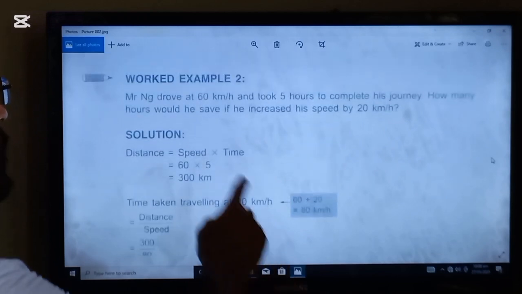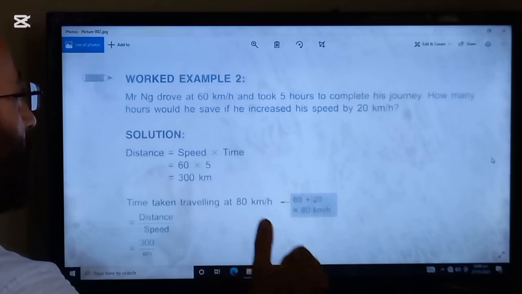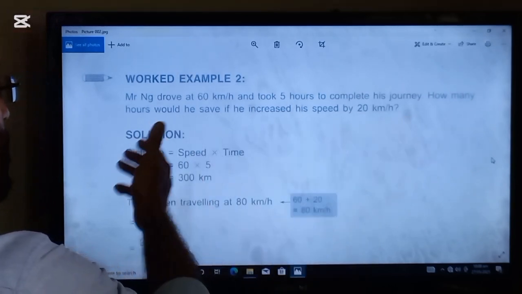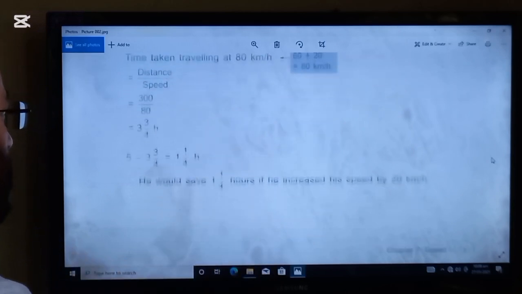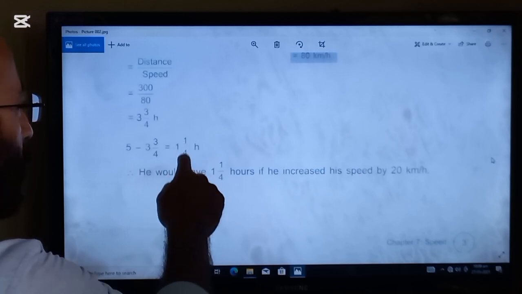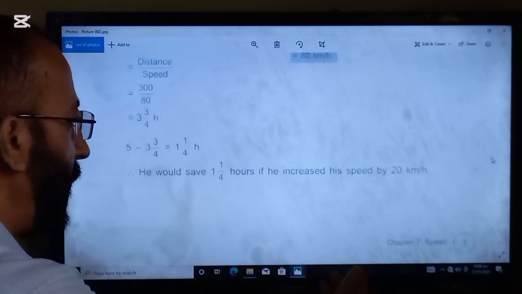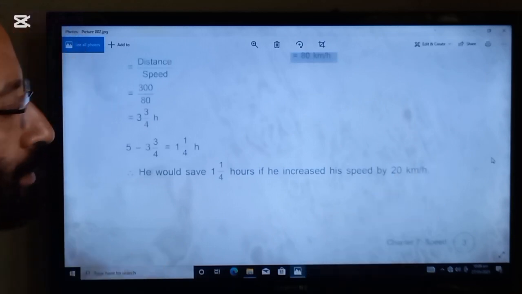But when he was traveling at 60 km per hour, the time taken was 5 hours. The requirement is how many hours would he save? So 5 hours minus 3 whole number 3 by 4 hours will give us the answer 1 whole number 1 by 4 hours. So this is the time which he will save if he increased the speed by 20 km per hour.